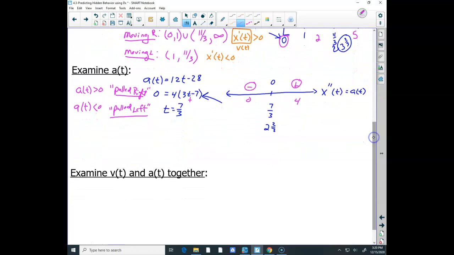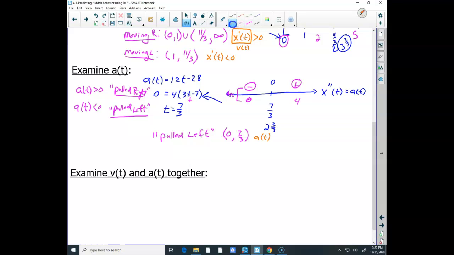So if I examine this a little bit, I'm being pulled to the left on the interval from 0, and that's my endpoint, I should have said, all the way to 7 thirds. And when they say, how do you know you're being pulled left? Because, and it doesn't matter, I'm just being consistent, with intervals I'm going all in on parentheses unless it's domain and range, then they want to know.